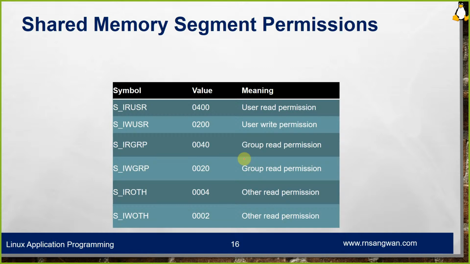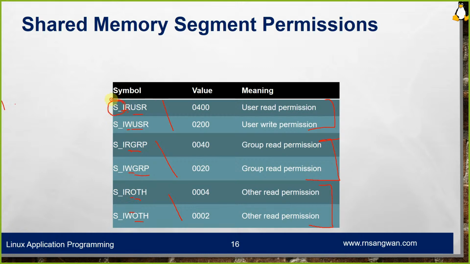Symbol S_IRUSR, that is read user permission, write permission, that is for user read and write, group read and write, and others read and write. So name of the permission. Find the symmetry, then it will be easier to read. Users, group, and others. Now user, grp, oth, right? So R for read, W for write: RW, RW, RW. I is common.